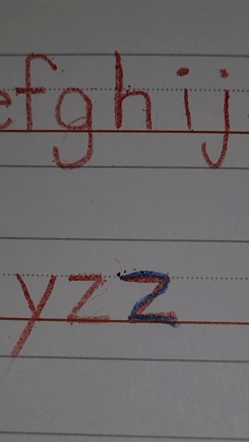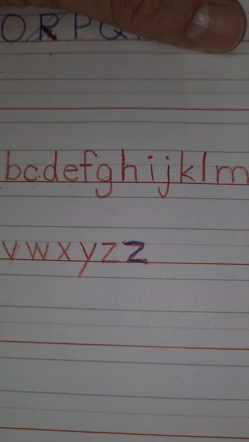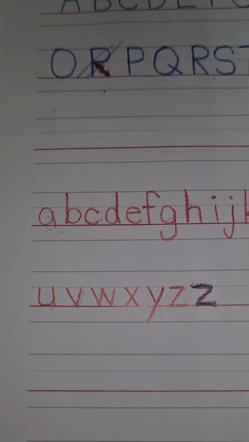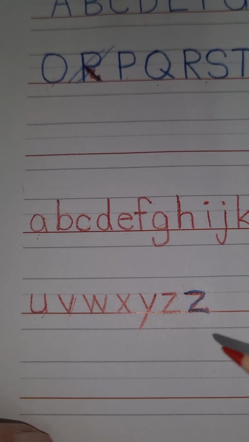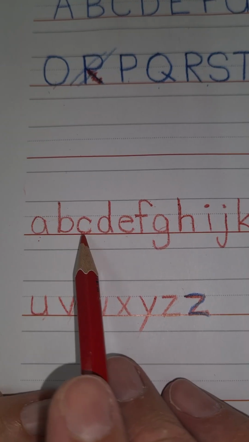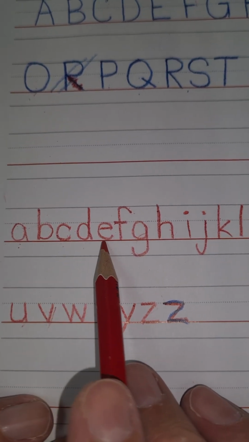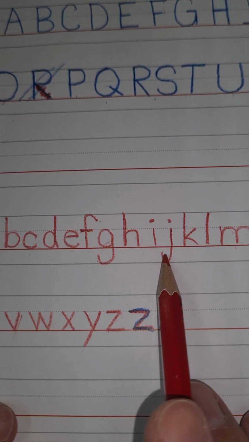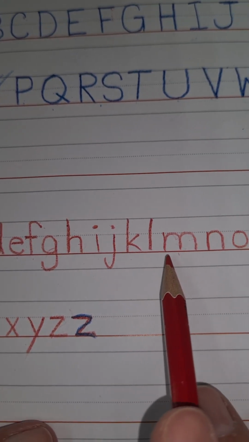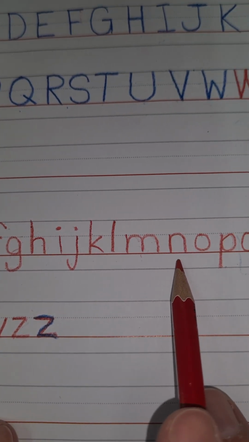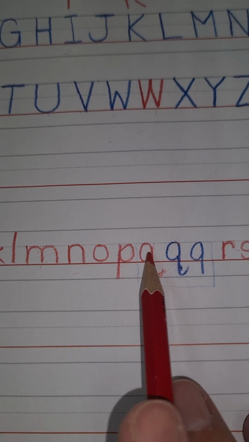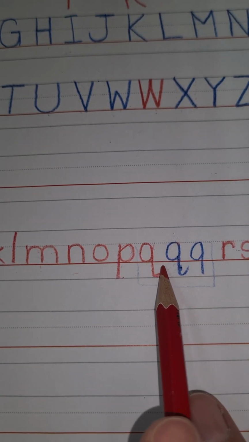All right. Whoop, I'm still zoomed. Here, let's get it back out. So here we go. Lowercase. We have A, B, C, D, E, F, G, H, I, J, K, L, M, N, O, P, Q. These are all Q. You just pick one of those.